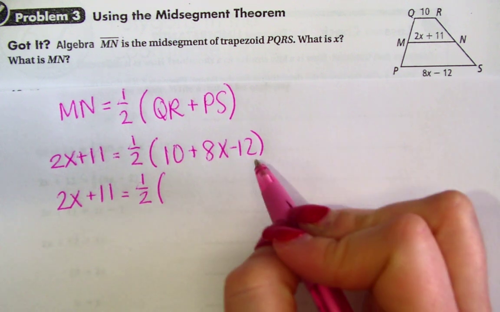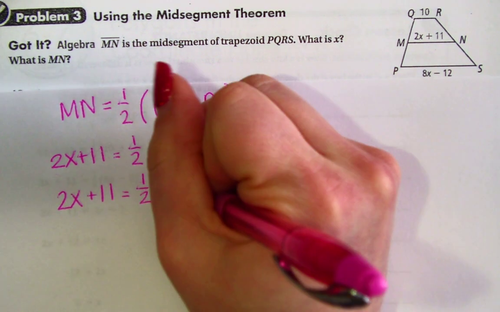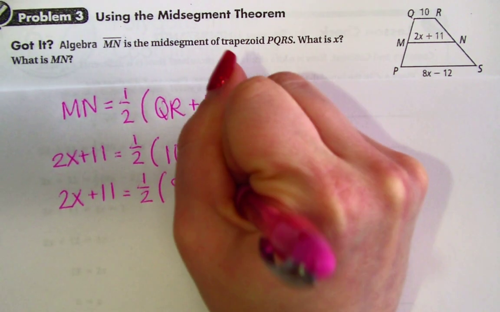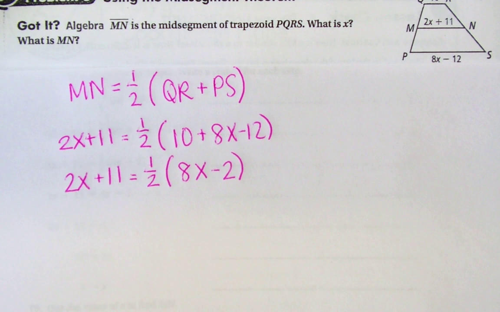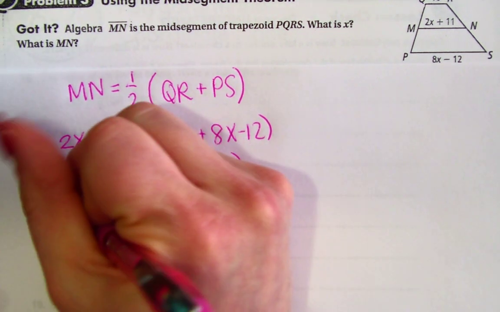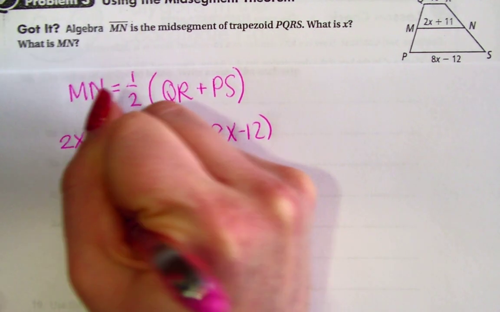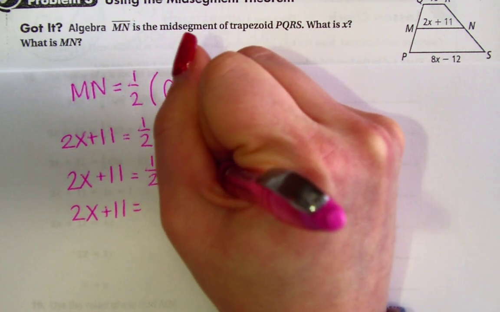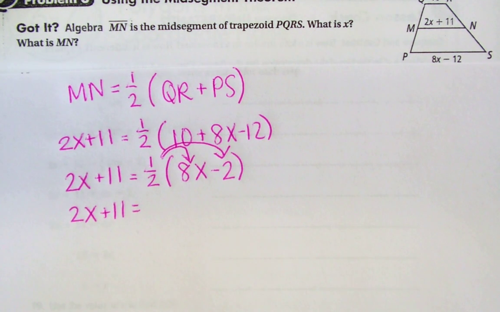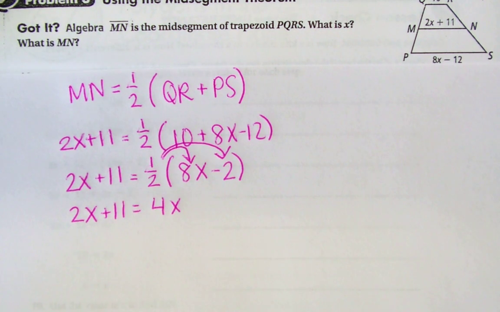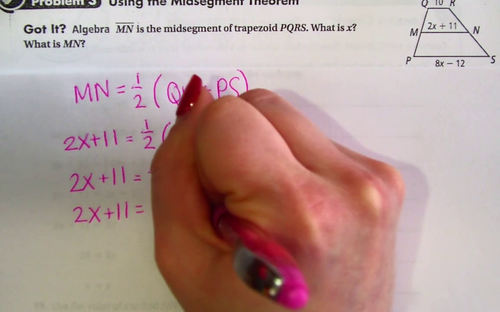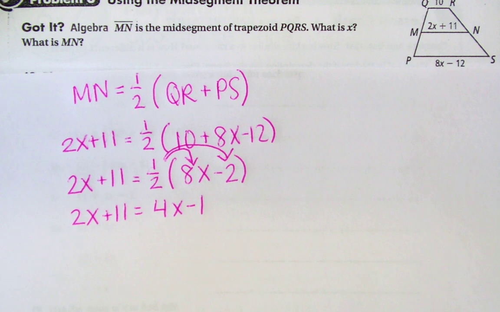So I have 10 minus 12, which is going to give me a -2. So I have 8x minus 2. Now, because these are all even numbers, I can distribute by 1/2, which is the same as dividing each one by 2. So when I distribute my 1/2 on the right-hand side, I'm going to get 1/2 of 8 is 4, so I have 4x, and 1/2 of 2 is going to be 1. I keep the negative sign, and now I am done with the fraction.